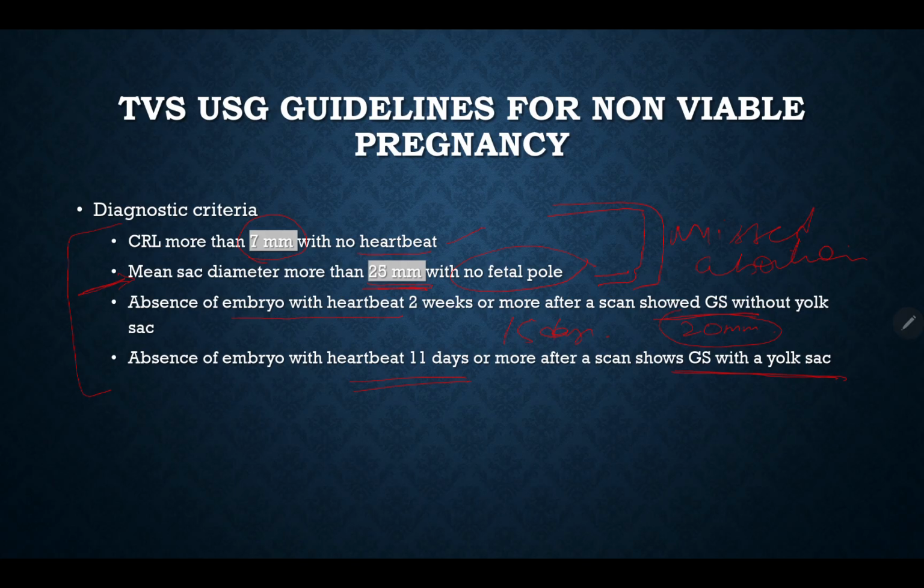It is always better, if you have less than 7 millimeter CRL or less than 25 millimeter gestational sac, to advise ultrasound 2 weeks later again to reassess. Many a time, as we have seen, usually 80% get things in their favor, and almost 20% will be labeled as missed abortion.